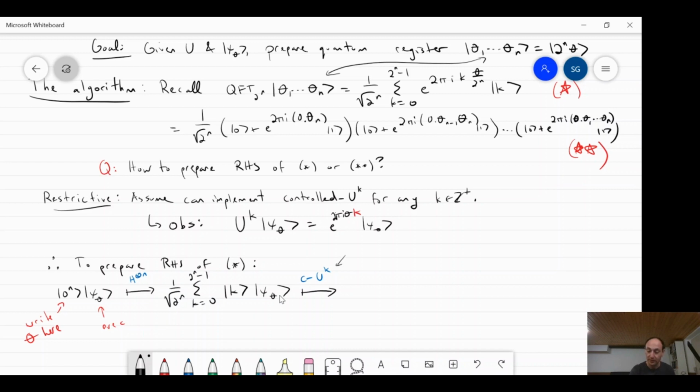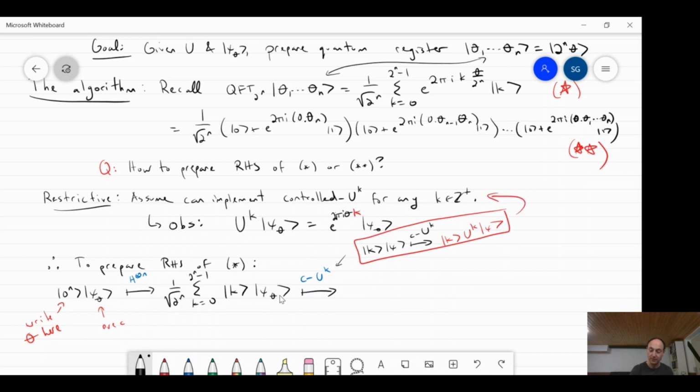So let's be clear that if I have something like this, controlled u to the k, the action of this operator is going to be k psi goes to k u to the k psi. Okay, so this is what we're assuming we can do in this assumption.